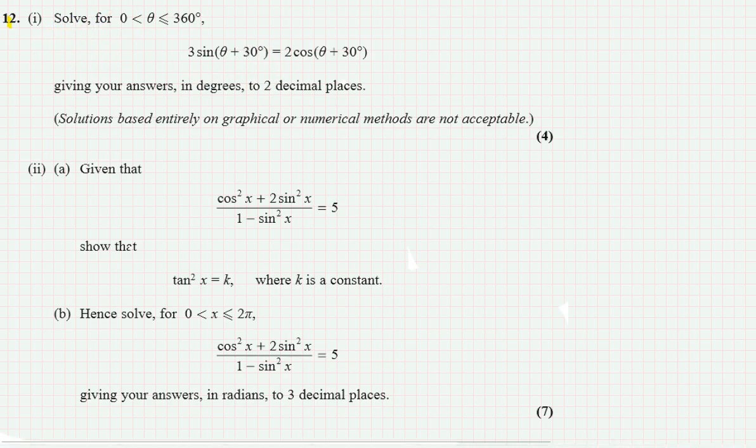Question number 12. Solve for theta, with theta greater than 0 and less than 360, 3 sine (theta plus 30 degree) is equal to 2 cos (theta plus 30 degree). We can divide both sides by cos (theta plus 30). So 3 sine (theta plus 30) is equal to 2 cos (theta plus 30).